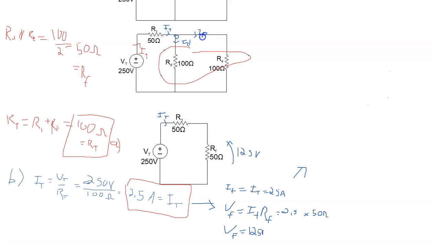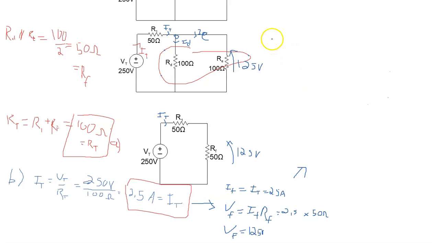Should be E there. And we also know that because our D and our E went into making F, this voltage right here is our F at 125 volts.